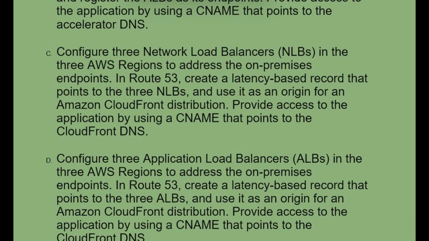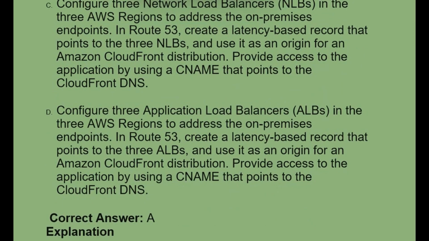Option D, configure three application load balancers (ALBs) in the three AWS regions to address the on-premises endpoints. In Route 53, create a latency-based record that points to the three ALBs and use it as an origin for an Amazon CloudFront distribution. Provide access to the application by using a CNAME that points to the CloudFront DNS. Correct answer is option A.